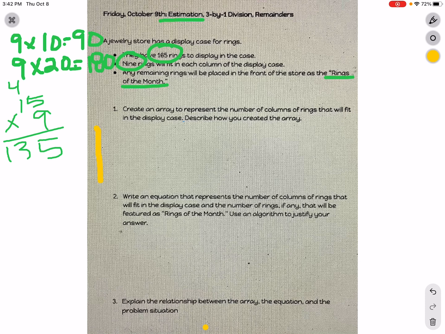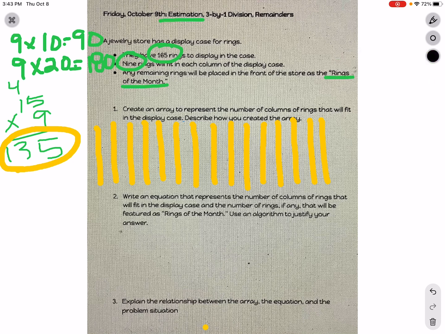Okay, 1, 2, 3, 4, 5, 6, 7, 8, 9, 10, 11, 12, 13, 14, 15. All right, if we have 9 rings in each of those columns, which we know 9 rings fit in there, and we have 15 columns, then we have 135 rings represented.